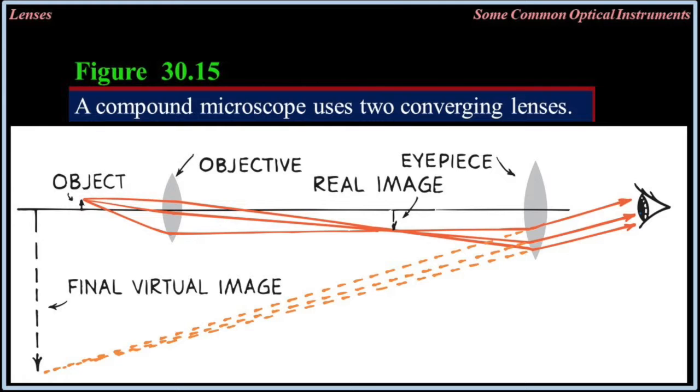A second lens, the eyepiece, forms a virtual image of the first image, further enlarged. The instrument is called a compound microscope because it enlarges an already enlarged image. Figure 30.15. A compound microscope uses two converging lenses.